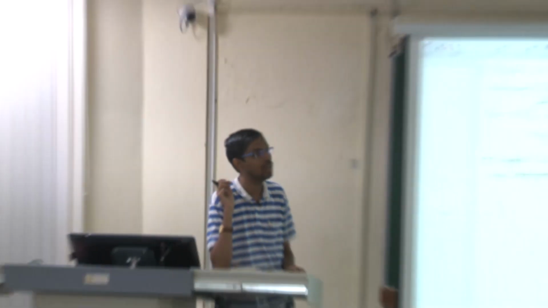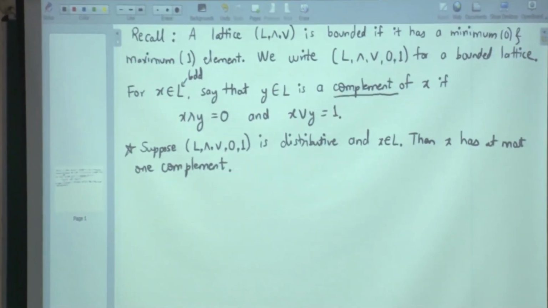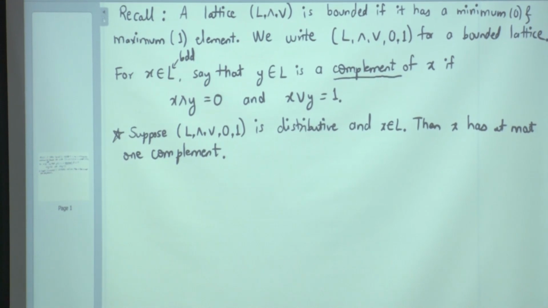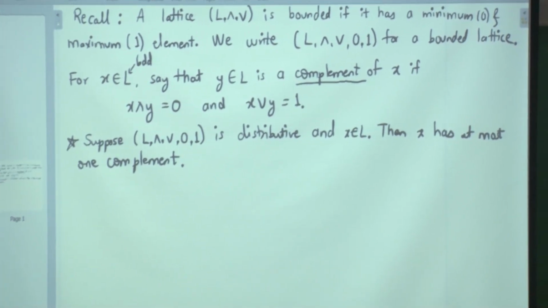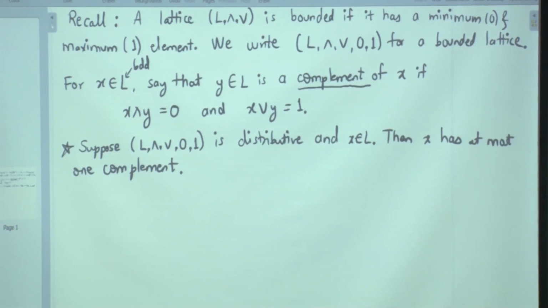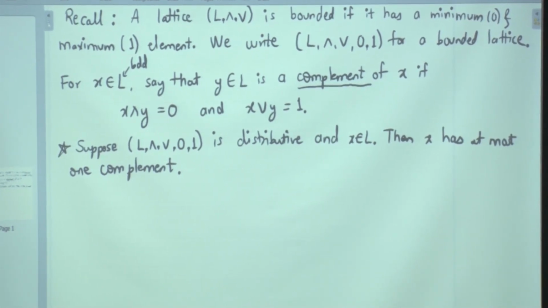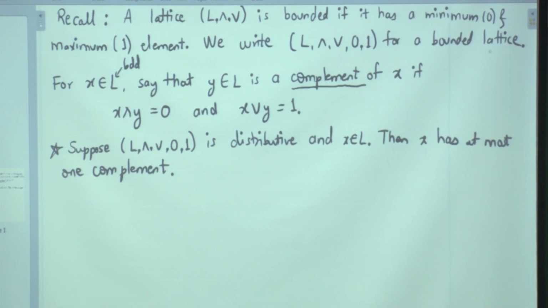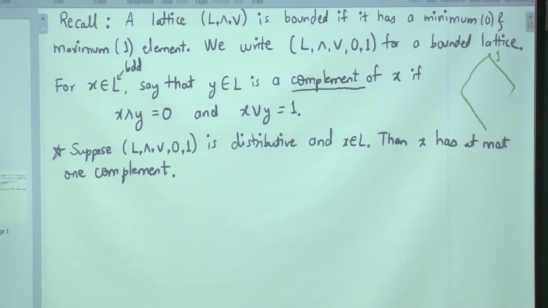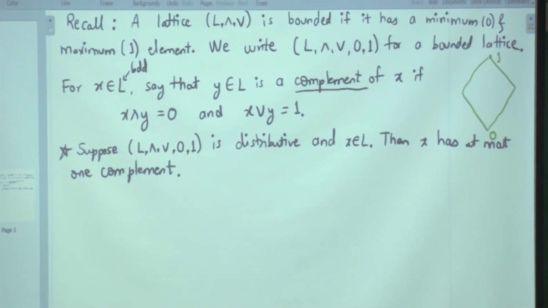If x is an element of a bounded lattice, then we say that it is complemented if there exists some other element y such that x meet y is equal to 0 and x join y is equal to 1. Think about the diagram, what it's trying to show. This is my 1, usually that's how we draw a lattice, it has a spread.